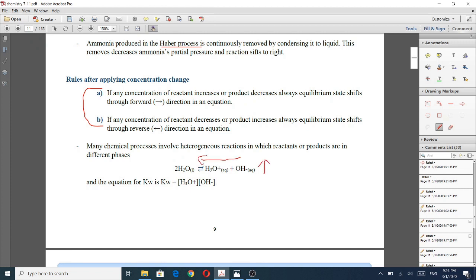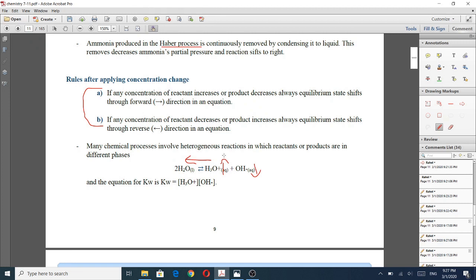the reaction will shift to the left. So what would happen to hydronium? Of course, hydronium would decrease, and vice versa. For example, if concentration of H3O is increased and concentration of OH is decreased, the direction of the shift will still be towards the left side.